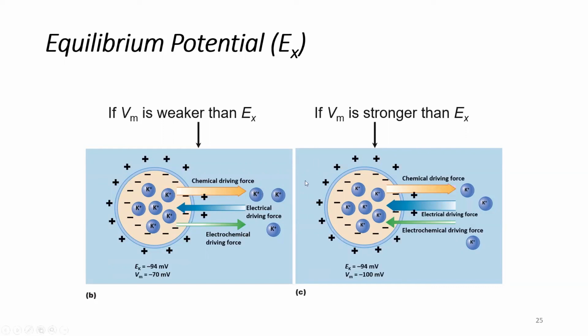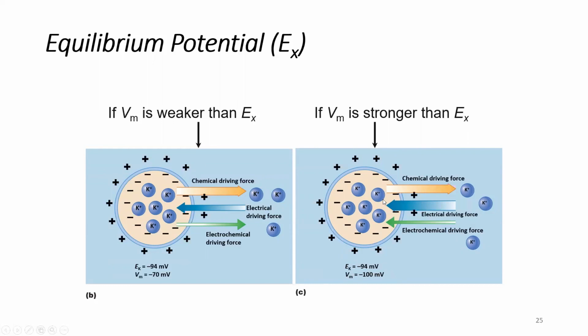Okay? On the right, it's an opposite scenario. So if the membrane potential is stronger than the equilibrium potential, you can see that down here by the value. So the membrane potential here is negative 100. And our equilibrium potential for potassium, which is the same, right? This is going to be the same for specific ions, is negative 94 millivolts.